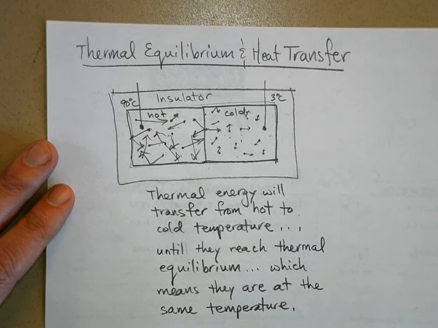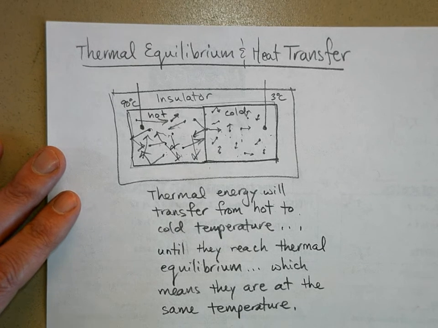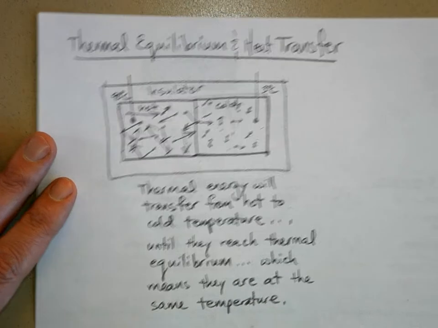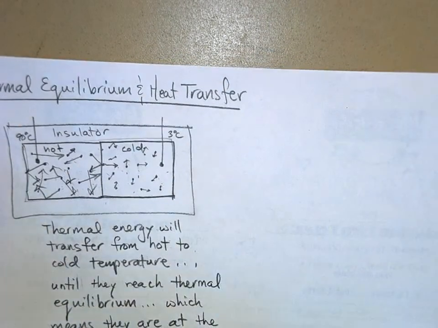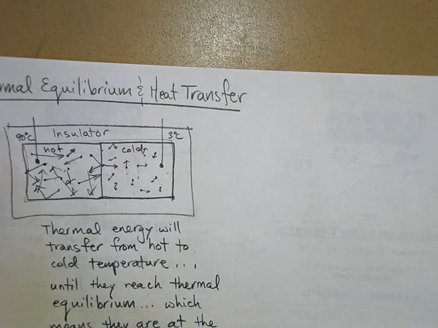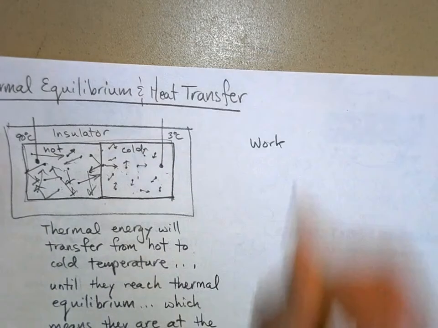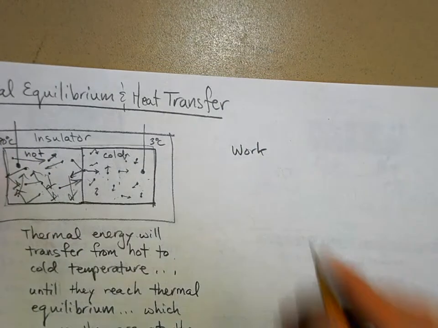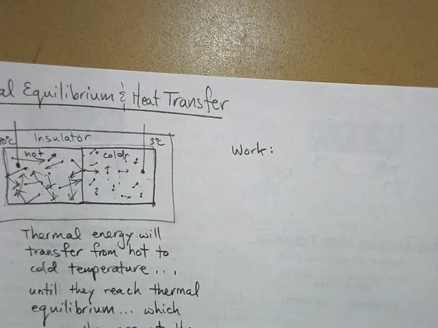Now, that transfer of energy we call heating. Okay. Now, we've dealt with transfers of energy before. Remember, we had work. Now, what was work? Work was when we applied a force through a displacement, and when we did that, we transferred energy from like your body, like you're throwing a baseball.